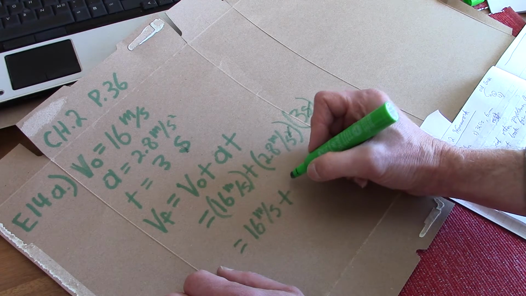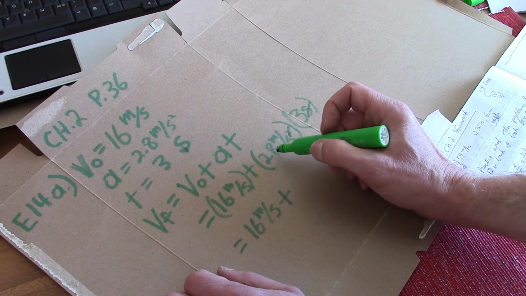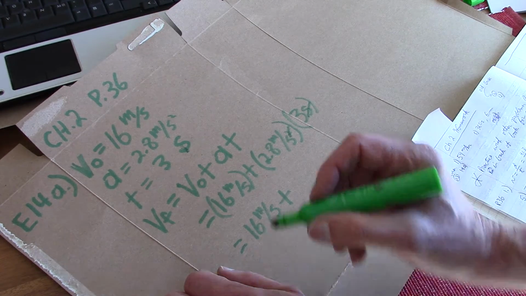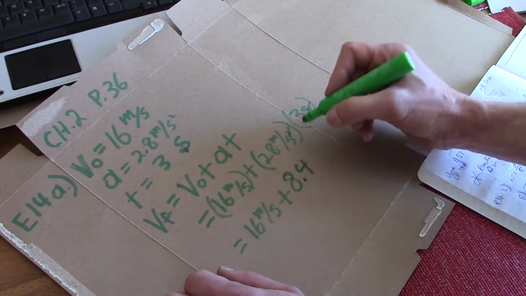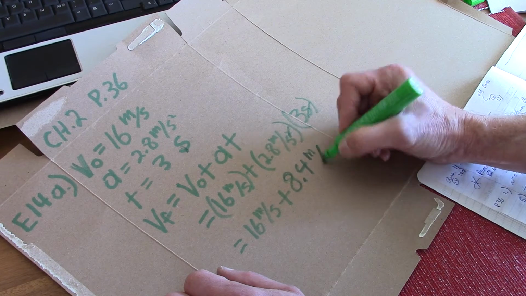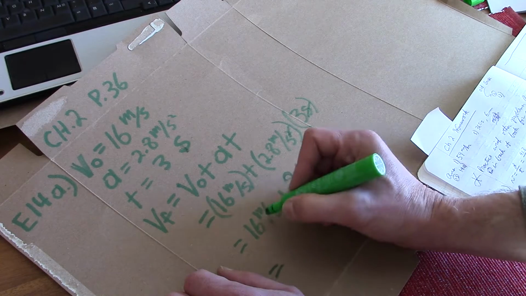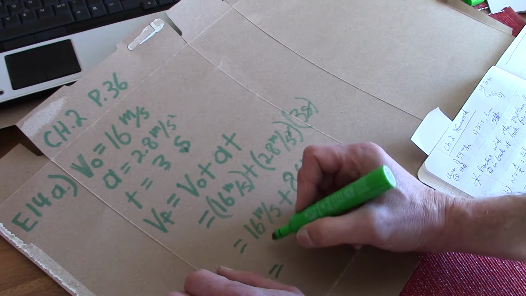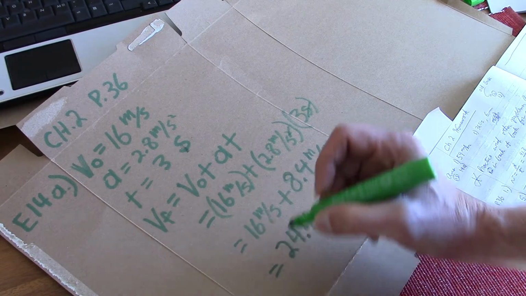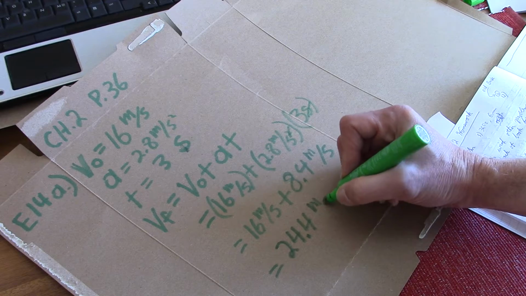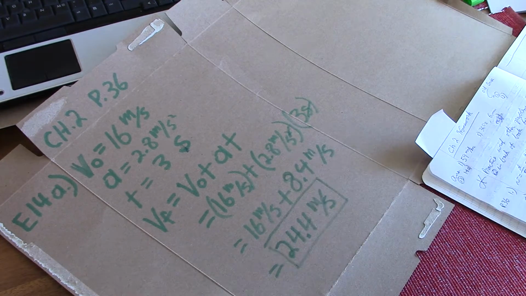Plus 2.8 times 3 is going to give us 8.4 meters per second. Then you add 16 and 8.4 and you get 24.4 meters per second as your final velocity.